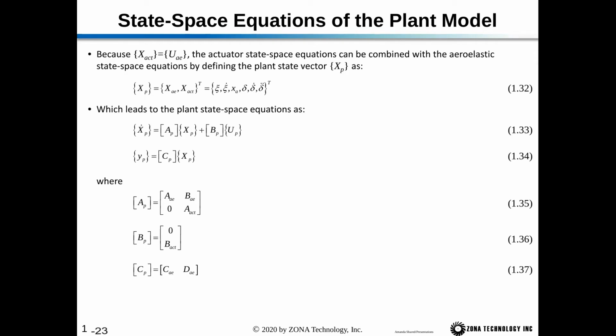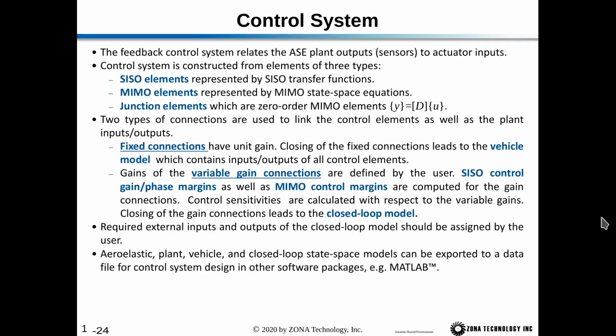This leads to the plant state space equations. x dot is ax plus bu, and y equals cx, where all the subscripts are p, denoting the plant model. And then AP is just AAE, BAE, and A actuator. BP is ZAERO and B actuator, and then CP is the combination of CAE and DAE.